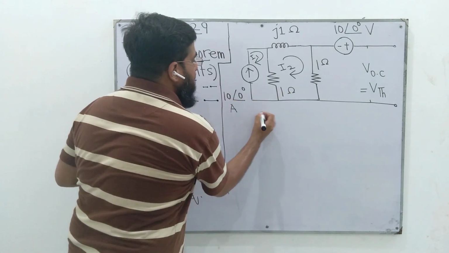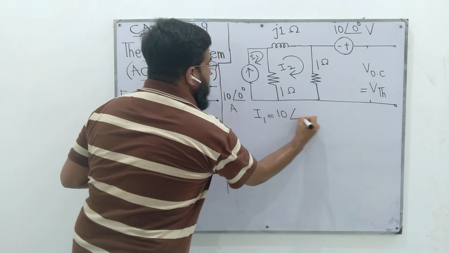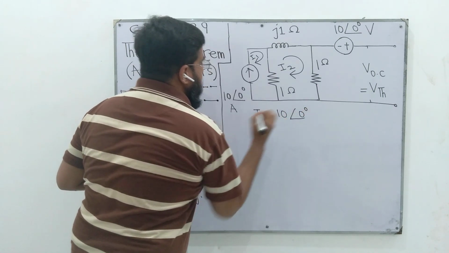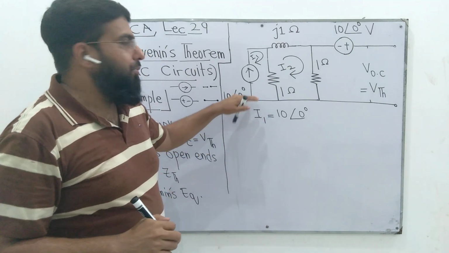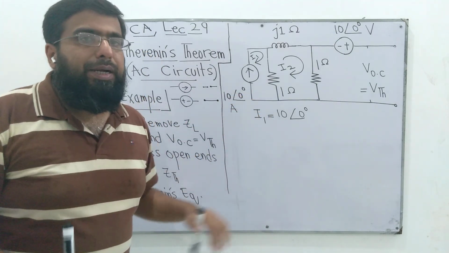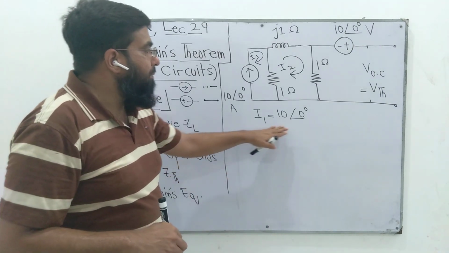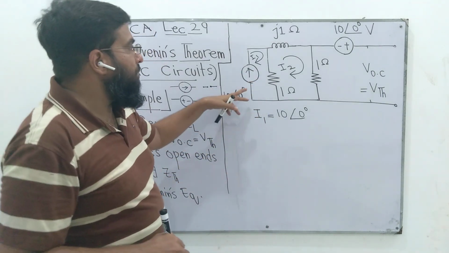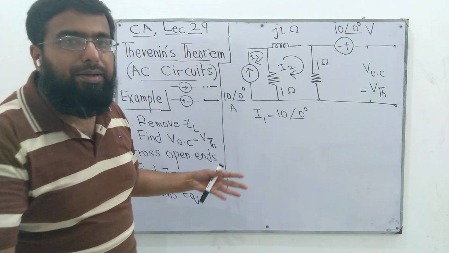In loop number 1, the current is already known because we have a current source in this loop, and we have already studied that if there is a current source in a loop, we don't write KVL equation for that loop. We assume that current positive if the direction of that current source and our assumed current are the same, and negative otherwise.